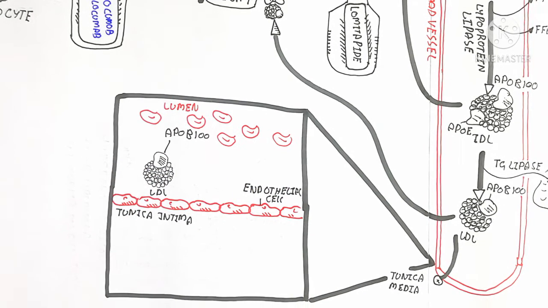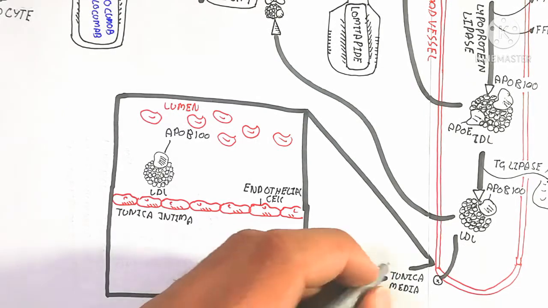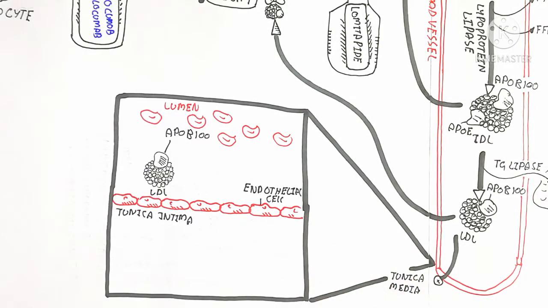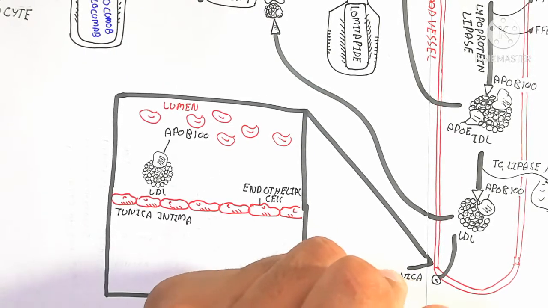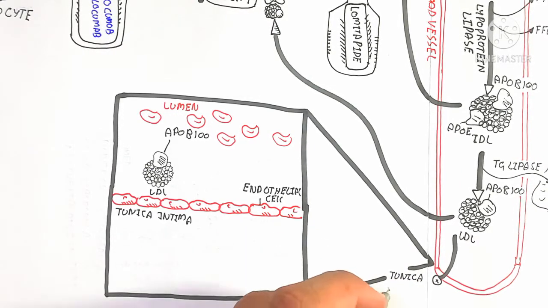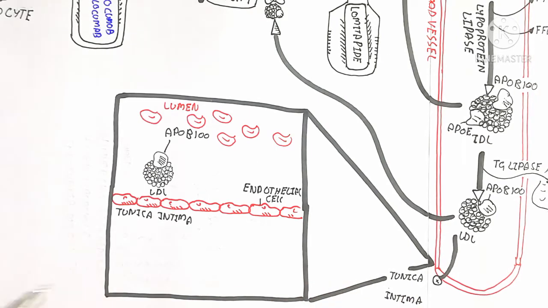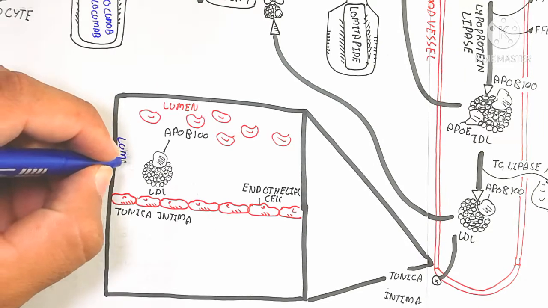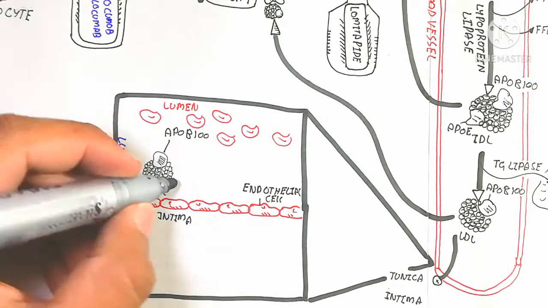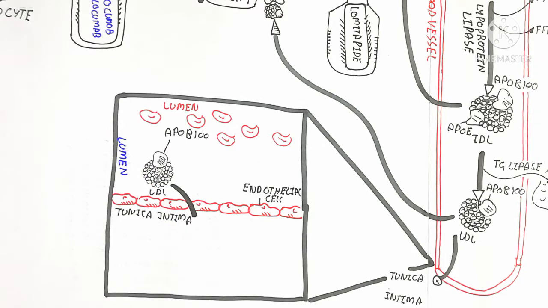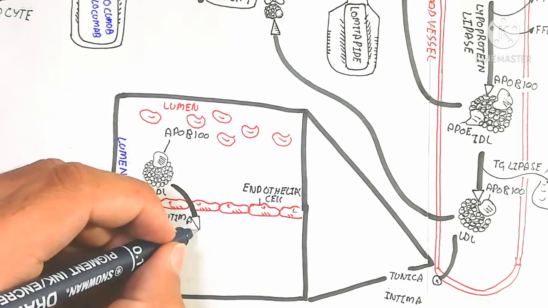So the tunica intima is the middle, which receives the LDL when there is endothelial cell dysfunction or some other major problem, such as a high level of low density lipoprotein, which contains ApoB100. So here is the lumen, which contains the blood. That is why LDL moves inside through the dysfunction of the endothelium.